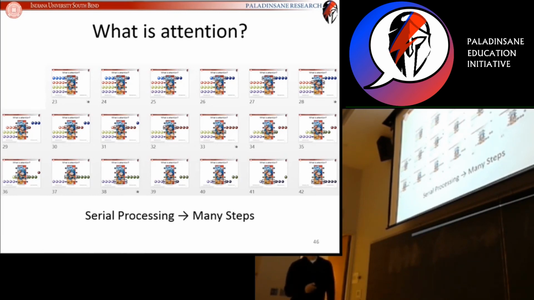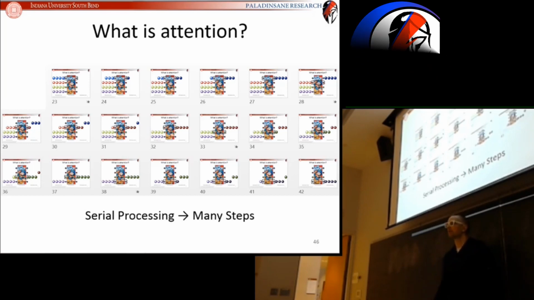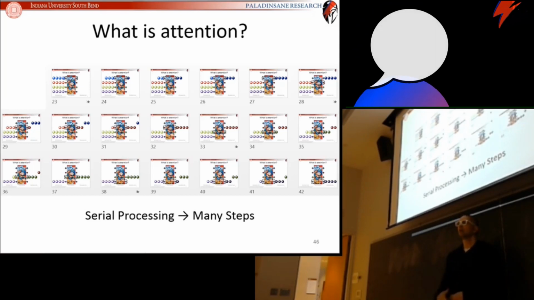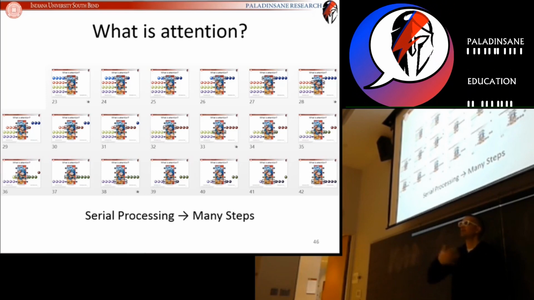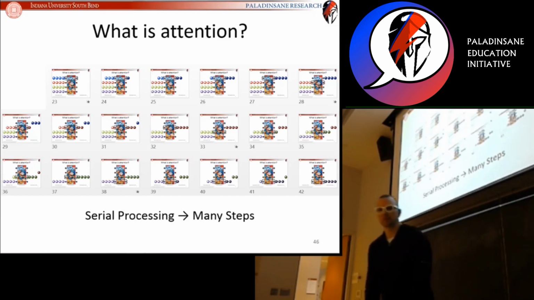So way more steps with the serial processor than the parallel processor, way more time to process all that information, way more time before you can make a response or do a behavior. So if you find yourself thinking a lot about something or taking a lot of time to make a particular reaction, chances are you're dealing with a serial processor, a task that requires serial processing.